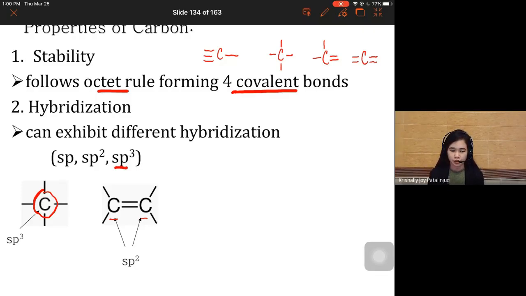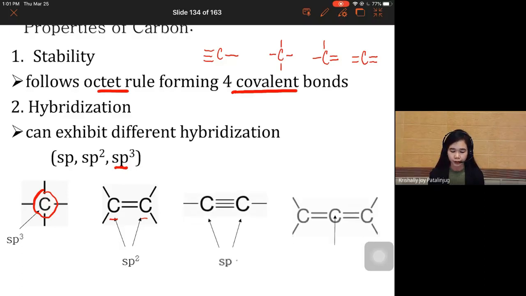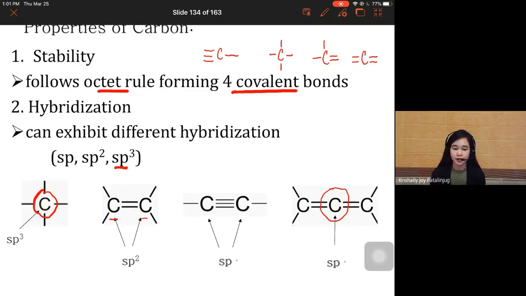In sp naman, it is sp hybridization when it carries 1 triple bond.